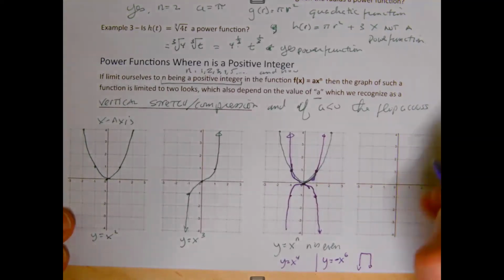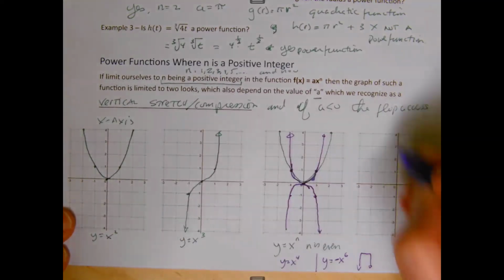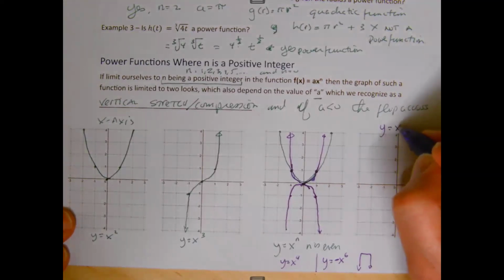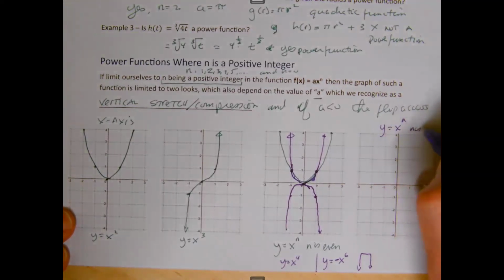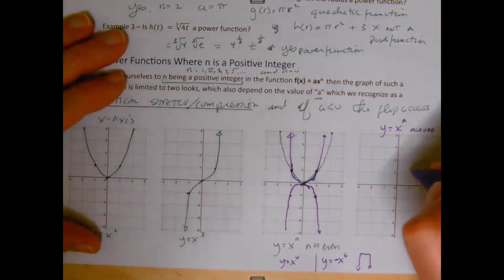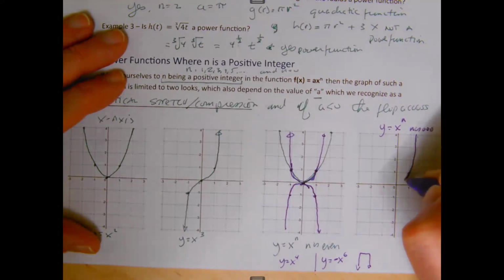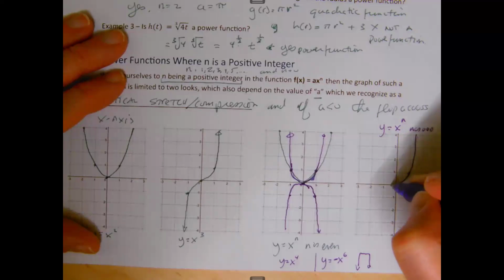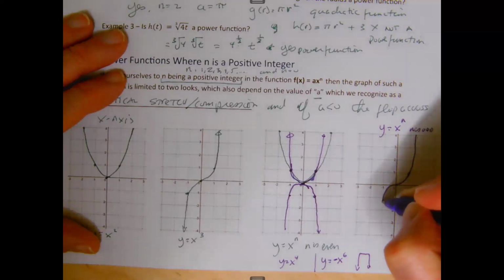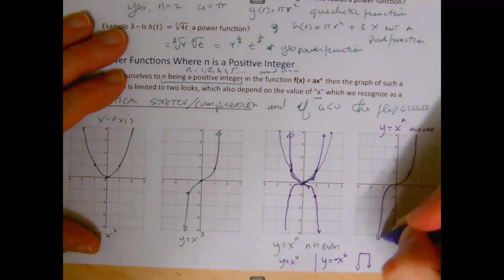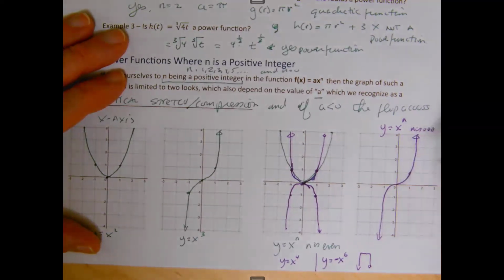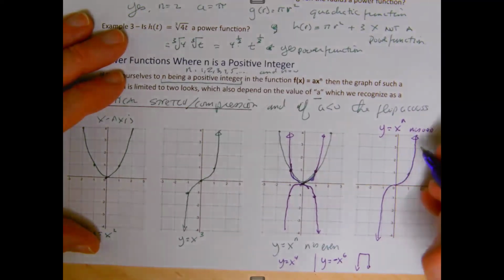And something similar happens if we go y equals x to the n where n is odd. All of a sudden, what I get is this look. The odd ones all have this S look, but as the power goes up, just like the parabola, it will start to get flatter, flatter, flatter like this. So if n is odd, this is kind of the look.